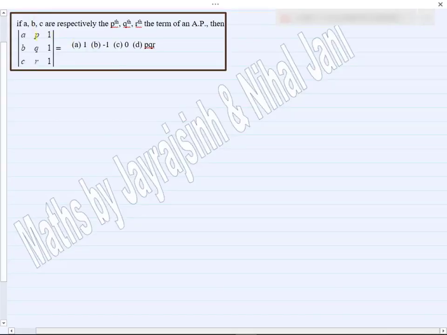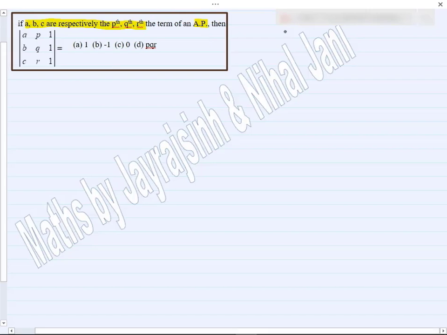Let's see the next question. If a, b, c are pth, qth and rth term of AP, that means we can say a is equal to capital A plus p minus 1 d.